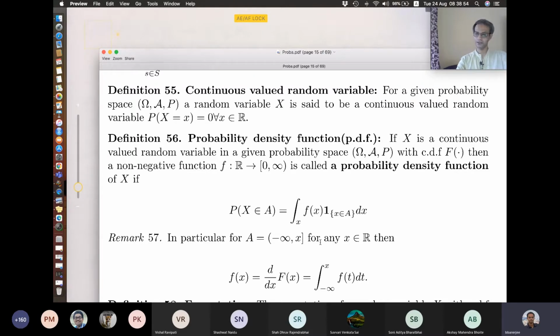So we define this continuous valued random variable on a probability space omega, A and P. X is said to be continuous valued if probability X equals any real number small x equals 0.